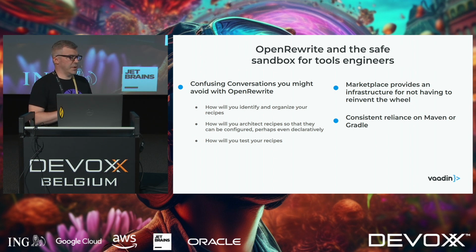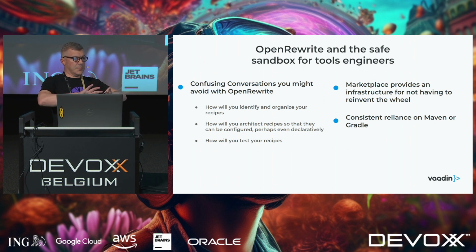The second point that I would raise would be the way that you would architect the recipes. OpenRewrite has a very easy and very obvious way to write your recipes so that they can be configured declaratively, so that you can use these in your pom.xml, set options, and change the behavior of your recipes from outside the recipes.